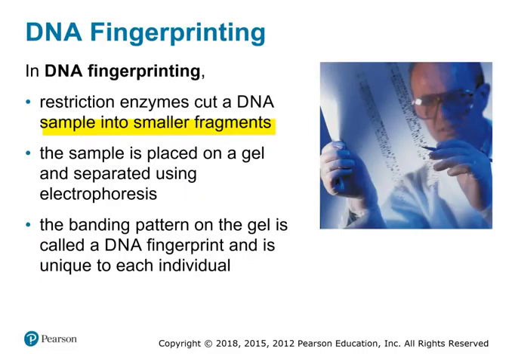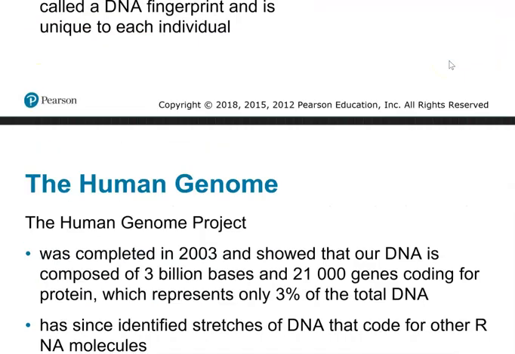Then these fragments can be separated by electrophoresis: when an electrical field is applied, the DNA fragments move according to their mass. The smallest move faster, and the largest move slower. And that banding pattern is unique for people, because we have slight differences in our DNA.